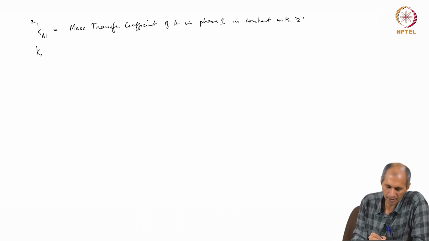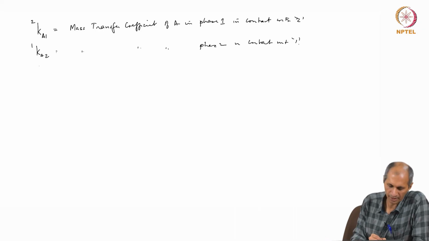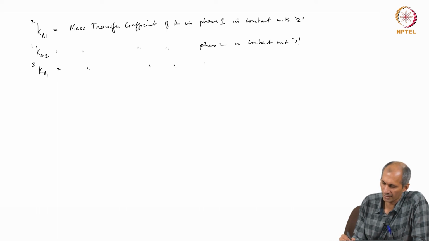Similarly, I can write Ka21, the mass transfer coefficient of A in phase 2 in contact with air, and I can write Ka13, which is the mass transfer of A in phase 1 in contact with 3, which is soil.